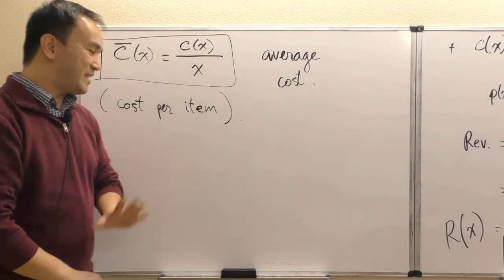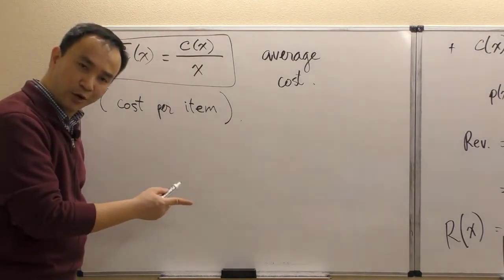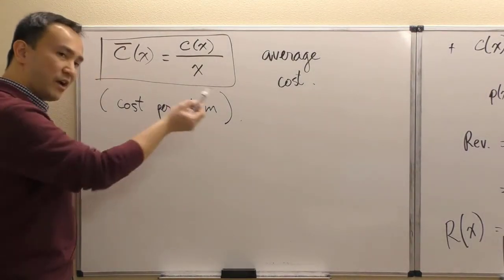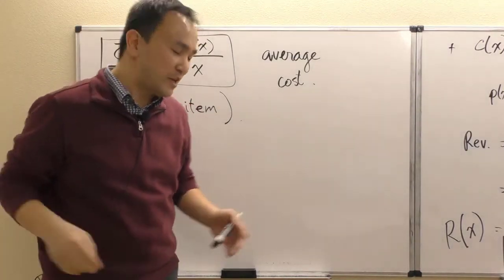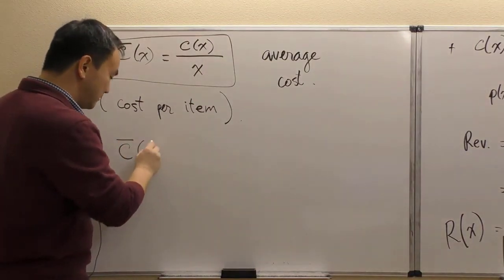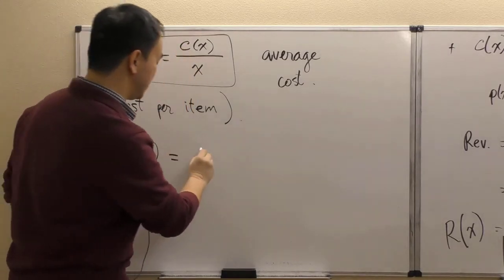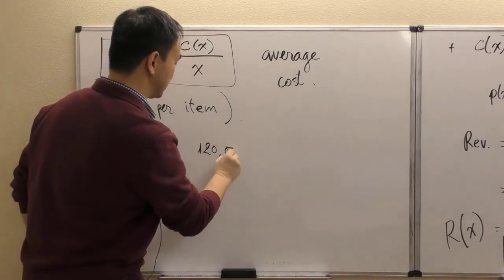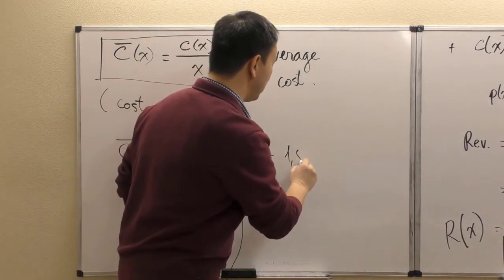Okay, and so in that way, let's quickly derive, because we already had our total cost function. Right in our particular problem, because we're trying to dig out as much information as we can, what is our particular average cost function here? Well, our total cost function was $120,000 times x plus 1.5 million.